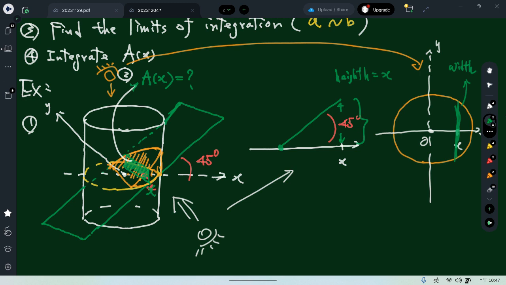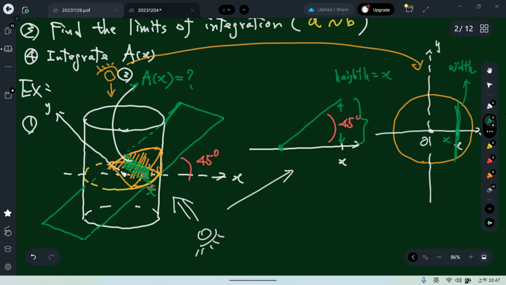When you pretend you just stand on the top of the plane and look at this shape, you can get a circle. So if you can get the width, then we can get this part. Okay?